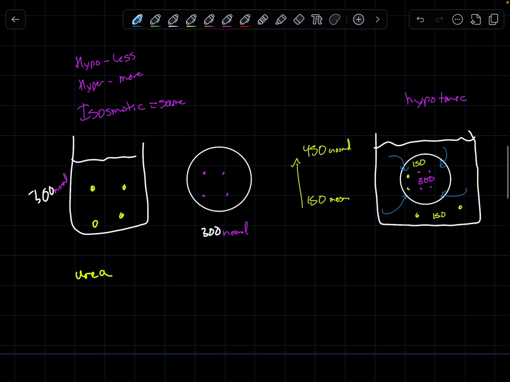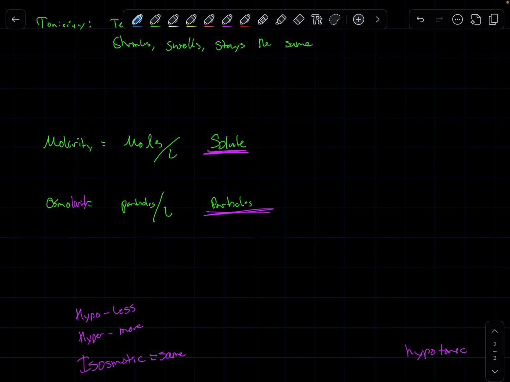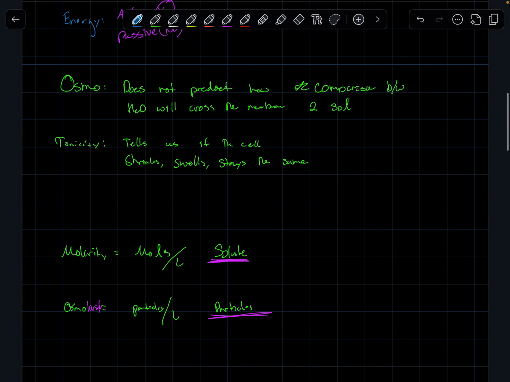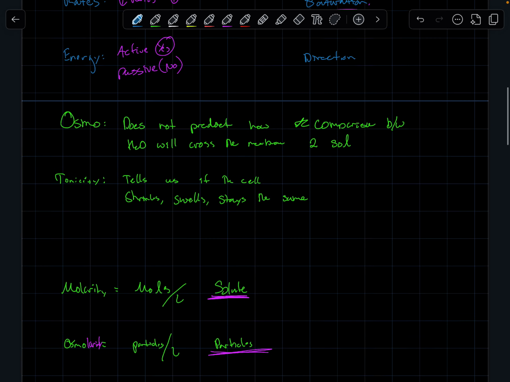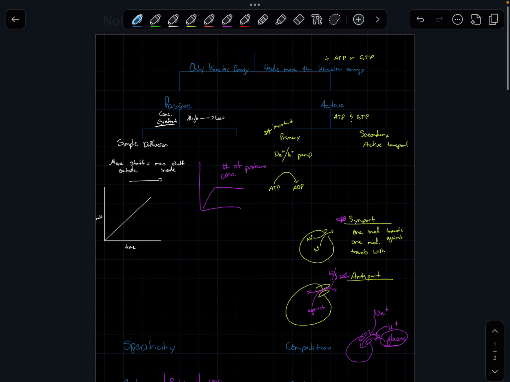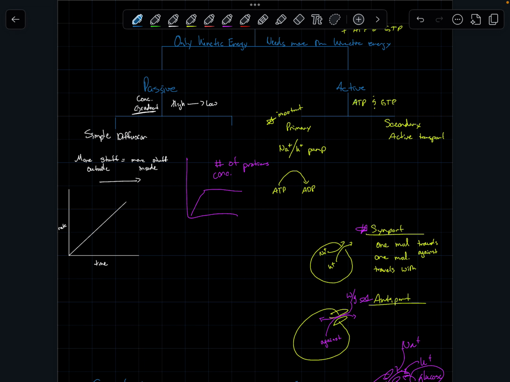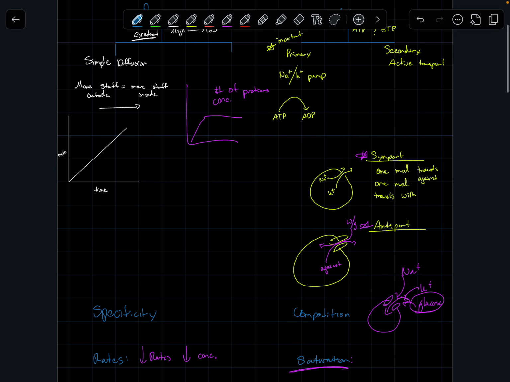And that is a quick rundown of osmolarity, the difference between molarity and osmolarity, the difference between osmolarity and tonicity, a quick brief overview of proteins and the different types and what energy is needed and how they move across.